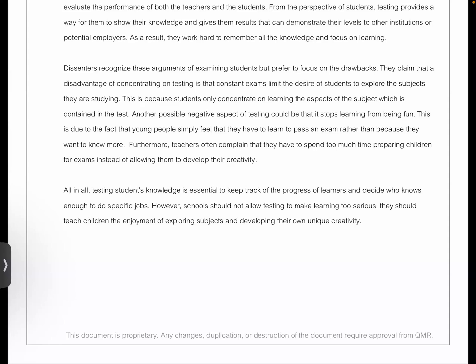Okay, and decide who knows enough to do specific jobs, right? So those are the positive aspects of doing the test.